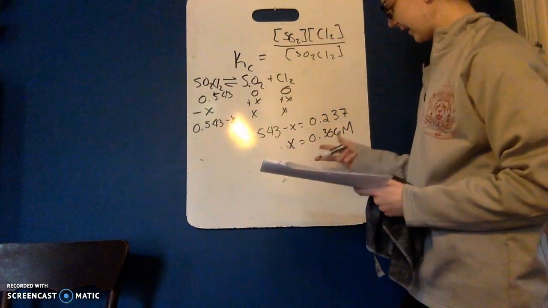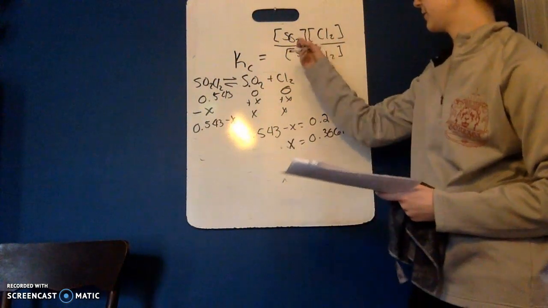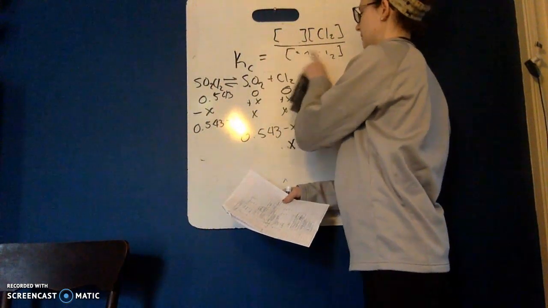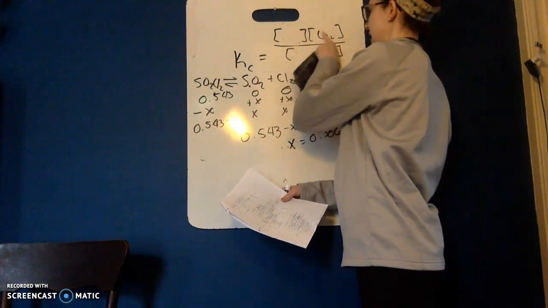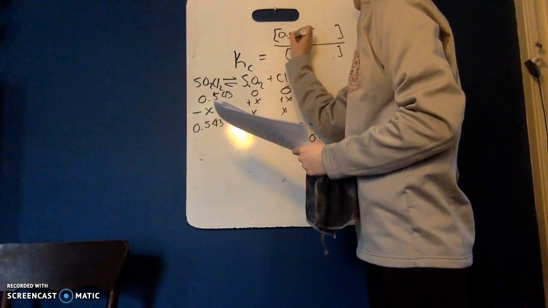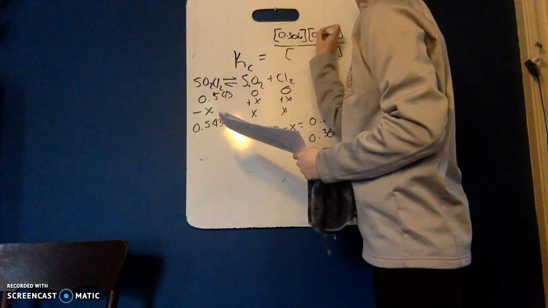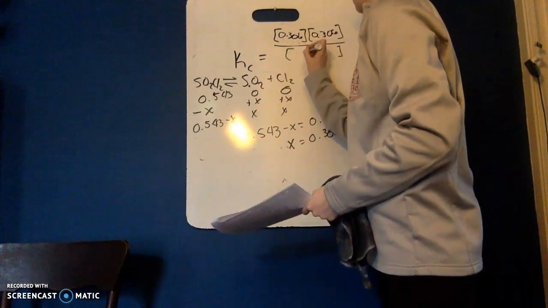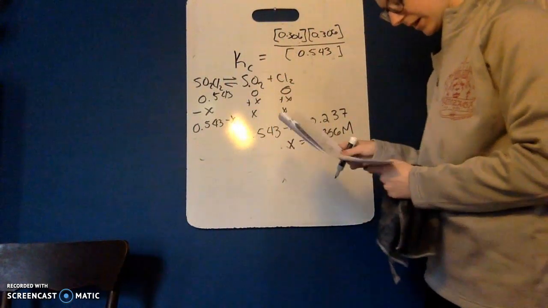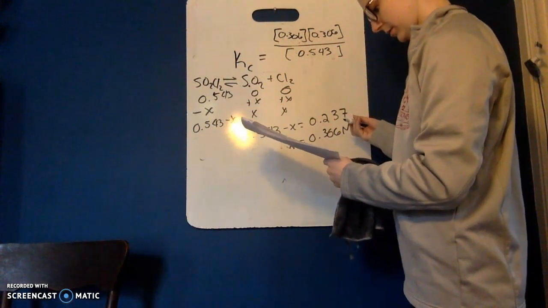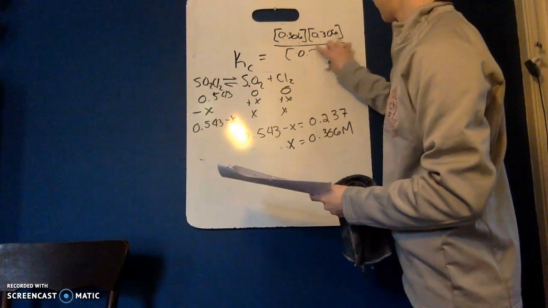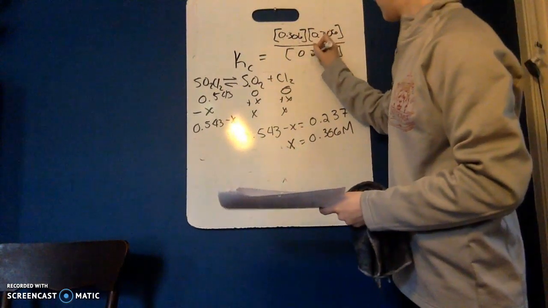For part C, I can plug in my equilibrium values to actually find the Kc value. So I'm just going to erase this and plug in numbers instead. So we have 0.306, 0.306, and, no, not 0.543, sorry, that was the starting concentration, my bad. 0.237.